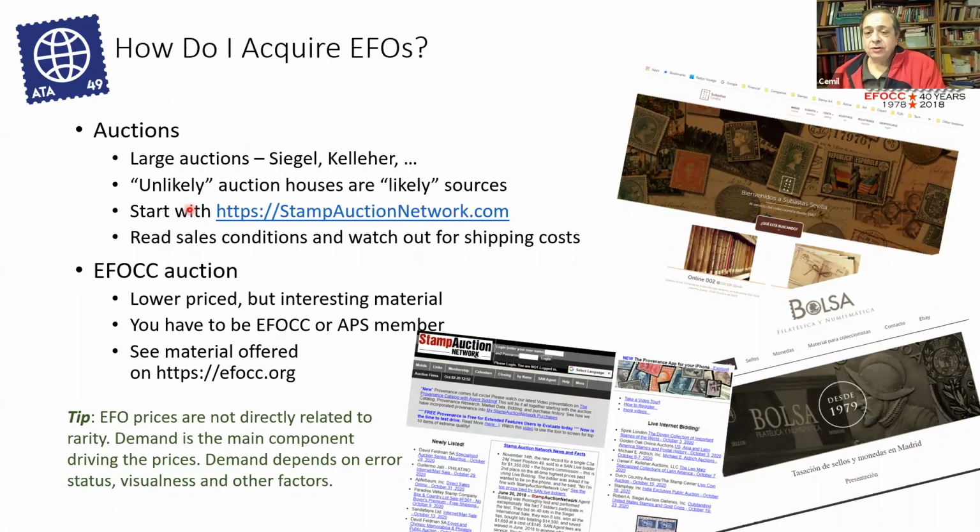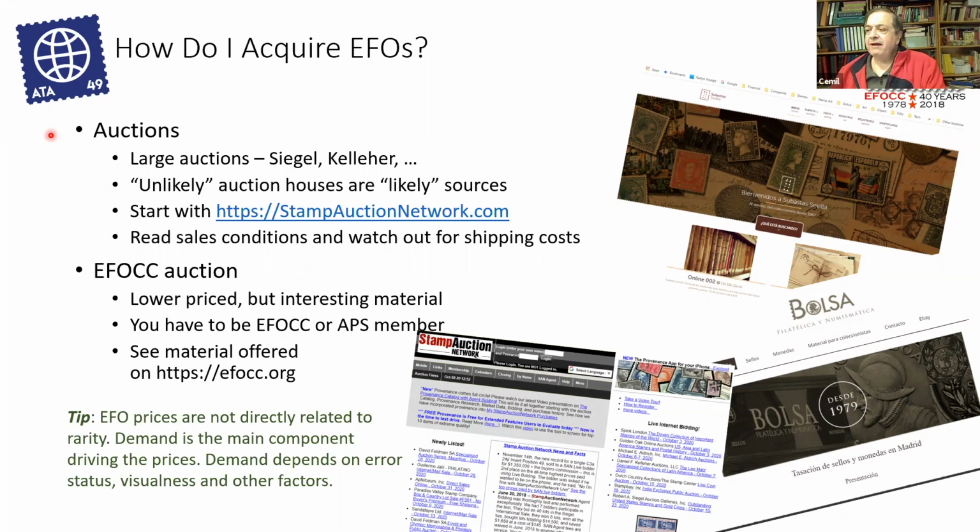Auctions are a good resource too, except that large auctions, from houses like Siegel, Keller, tend to list only major errors, and those are expensive. But you can go to some place like Stamp Auction Network or Philasearch and look at the auctions that are there.